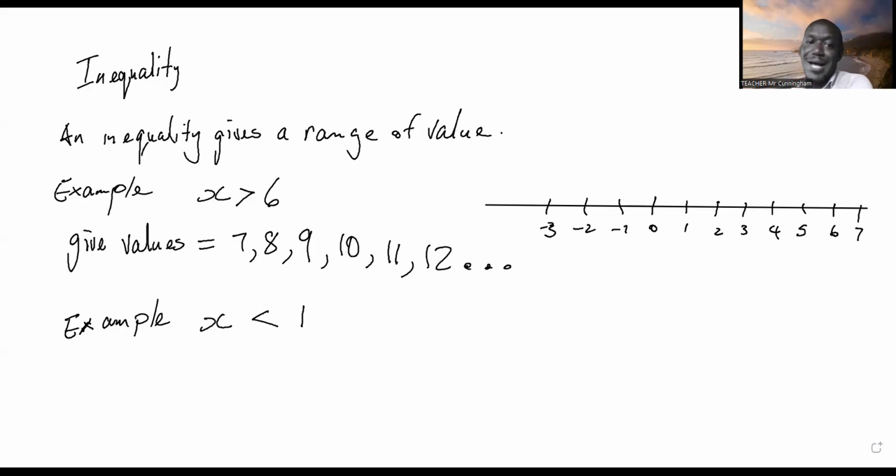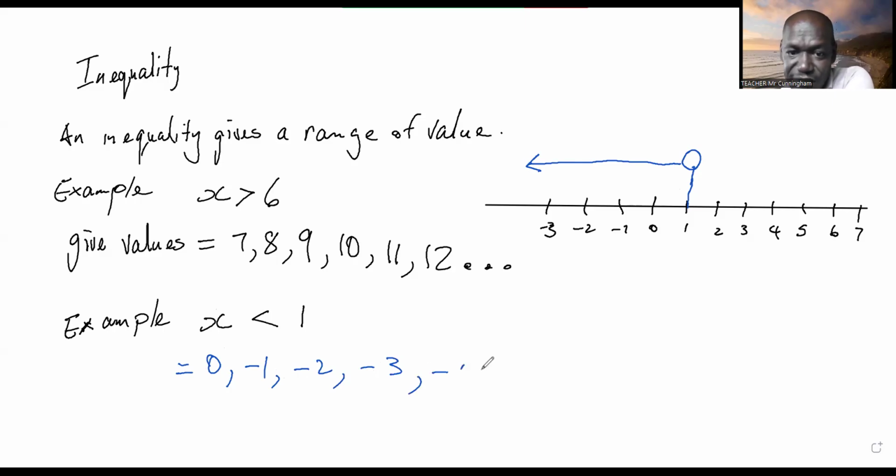So if you are on a number line, look at the number line on the side. X is less than 1 will start from here on 1, but we are not including 1. So your answer will be 0, -1, -2, -3, -4, -5, -6.